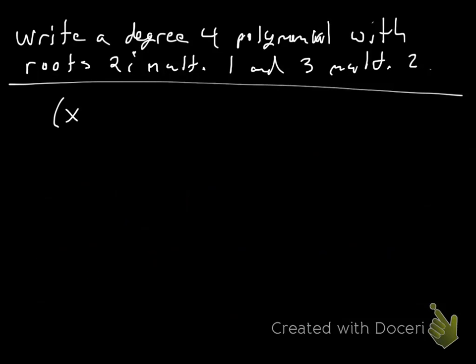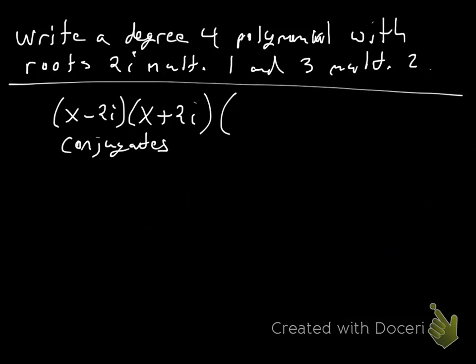Because 2i is a root, by complex roots coming in conjugate pairs, negative 2i will also be a root. So we get x plus 2i, x minus 2i. So that's your conjugates. And then we have x minus 3. If 3 is a root, then x minus 3 is a factor. Because it's multiplicity 2, we're going to have a square there.